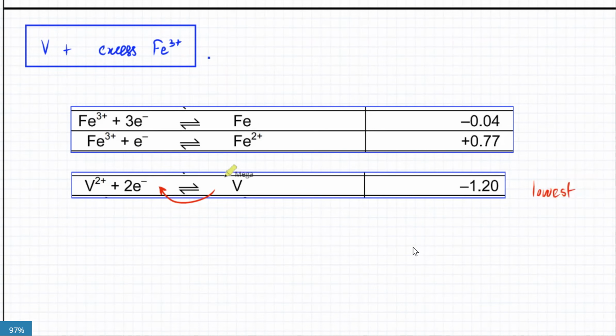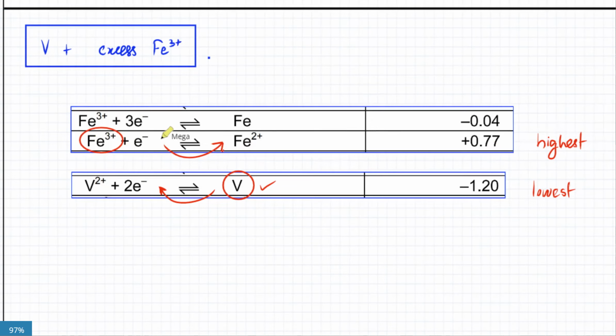We do have vanadium with us, that's one of our reactants, so no issues there. Now, who's the one that's going to gain electrons? It's going to be the one with the highest potential. Do we have Fe3 plus? We do have Fe3 plus, that's the only thing we have actually.